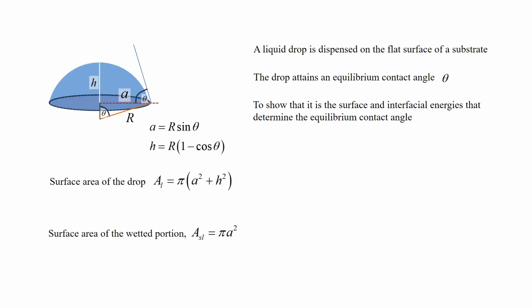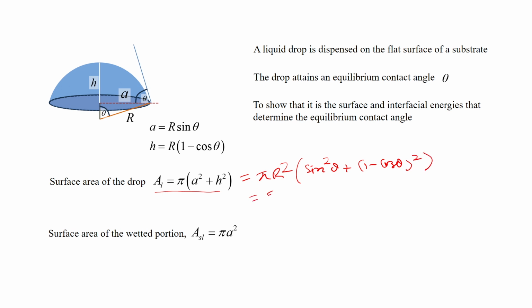The surface area of this particular liquid drop, AL, is given as pi into a square plus h square. This is the A I drew, this is the r, this is the theta I had shown, and this is h. Let us write everything in terms of r and theta. This is pi, and a square is r square sin square theta plus h square, that is 1 minus cos theta whole square.